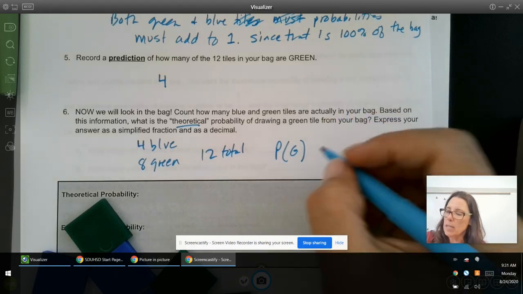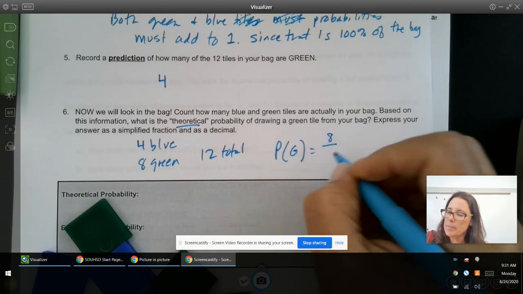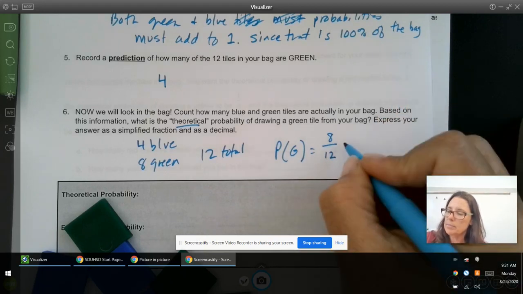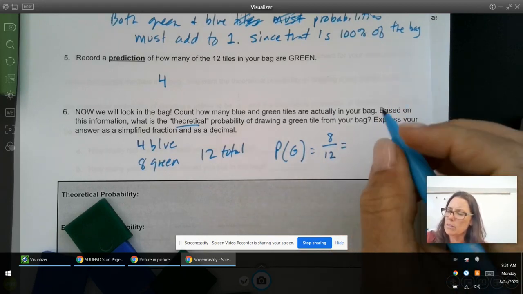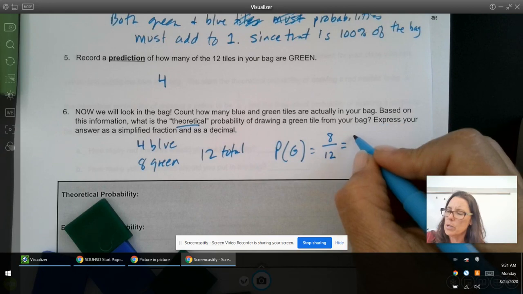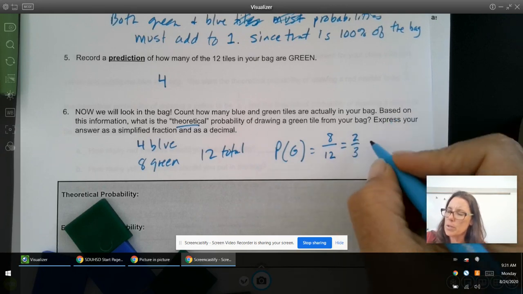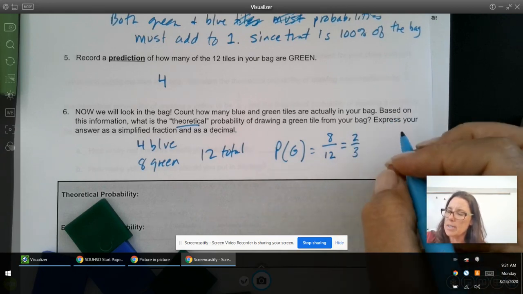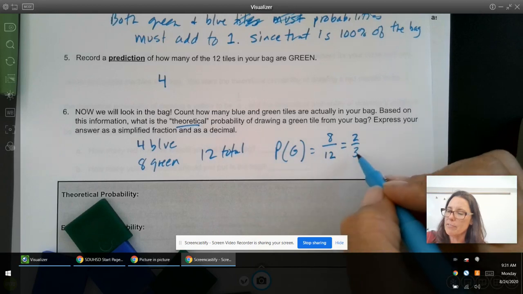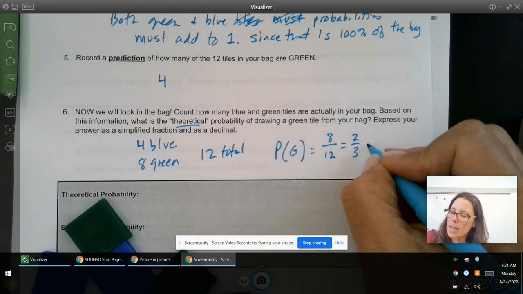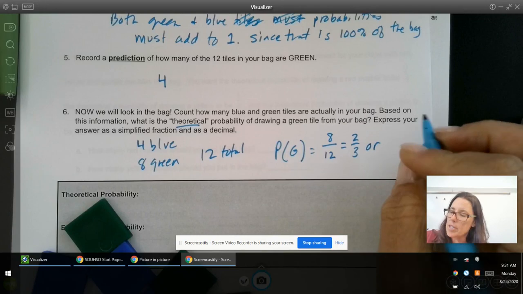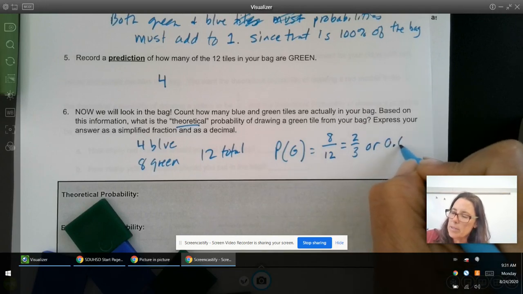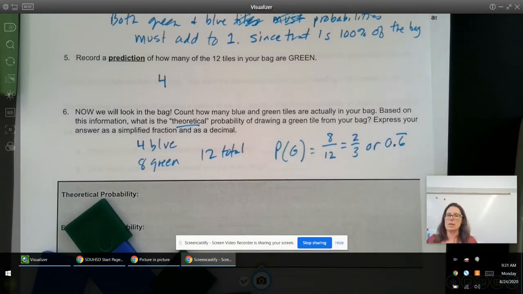That's going to be 8 of them out of the 12. Well, 8 out of 12 reduces to 2/3. And then it also wanted it as a decimal. So this is our simplified fraction, and then our decimal would be 0.6 repeating.